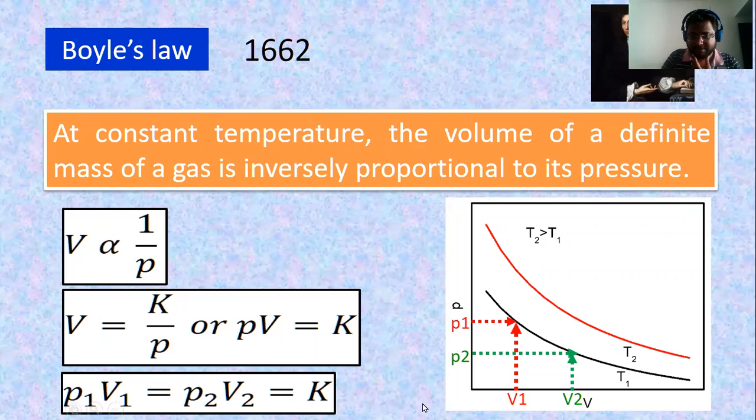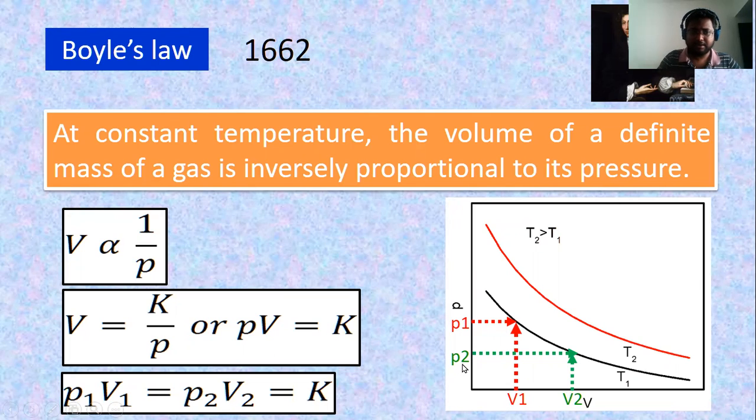I have given two plots here, black and red. Let us consider the black one. This axis is the volume and this axis is the pressure. Now he increases the volume and the pressure decreases. Let's say at V1 the pressure is P1, the higher pressure. Now when he moves to V2, the pressure becomes P2.